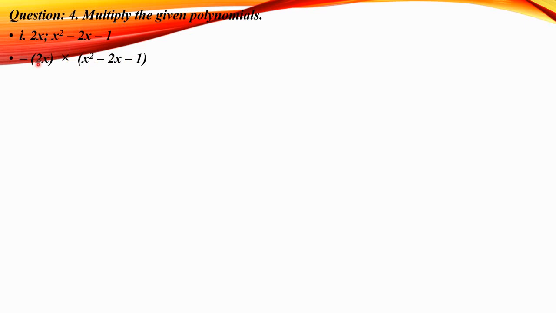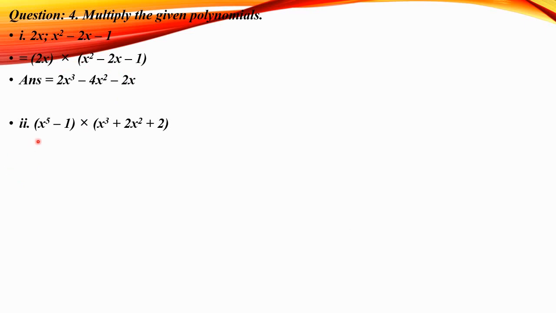So we get 2x into x square is 2x cube. 2x into minus 2x is minus 4x square. 2x into minus 1 is minus 2x. Students, here we will multiply the coefficients and the variables using the indices property, and we have to see the sign which is written in front of the coefficient also.